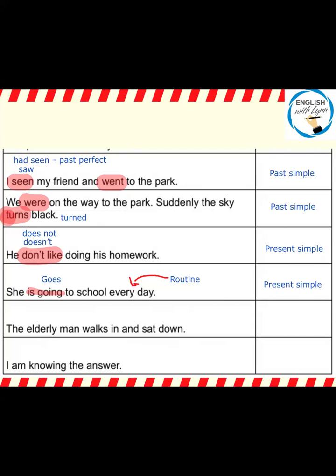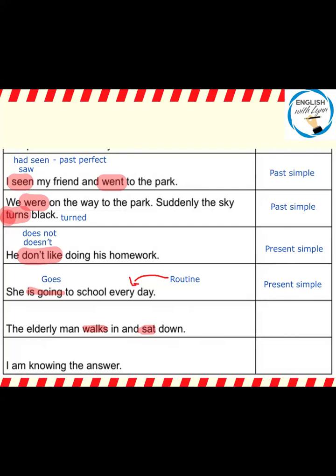And the next one, again, it is that issue of "walks in and sat down." So we've got here, walks is present tense, sat is past tense, and you can't have one past tense verb and one present tense verb within the same sentence. So we need to look at the way that we're structuring it.